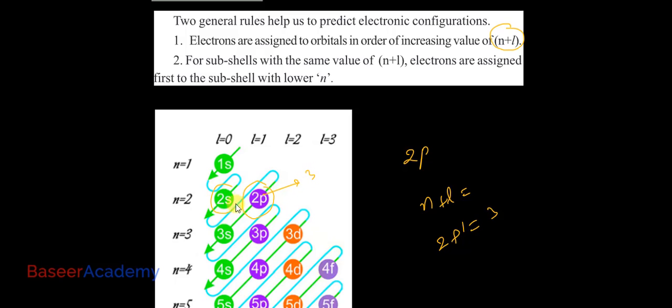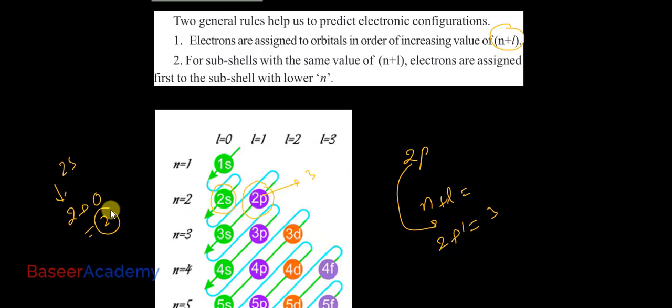And let us consider 2s here. For 2s, what is the n plus L value? N value is 2. What is the s value? S value is 0. 2 plus 0 is 2. So which has a lower n plus L value, 2s or 2p?